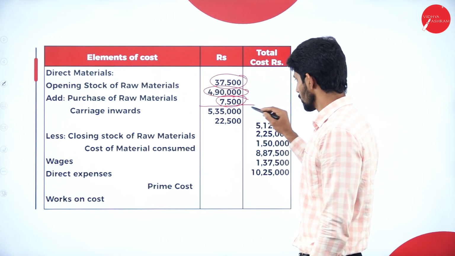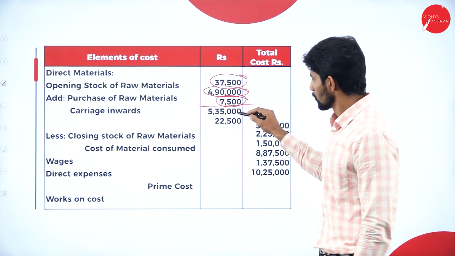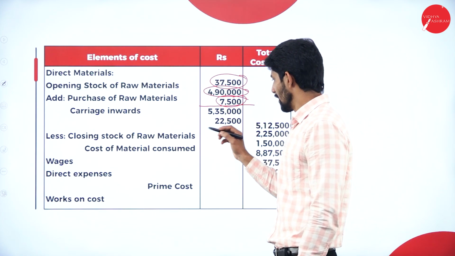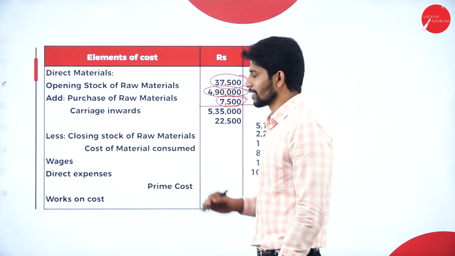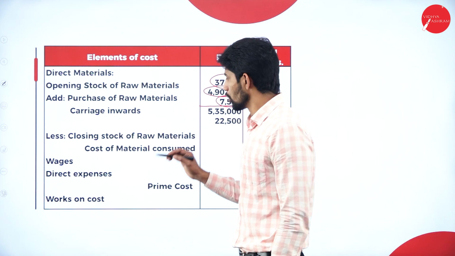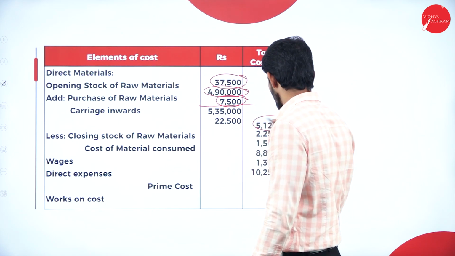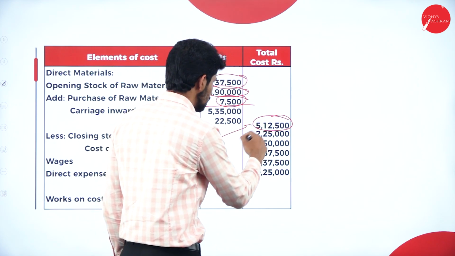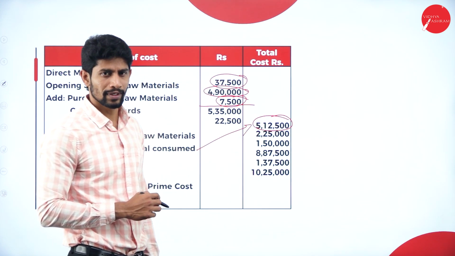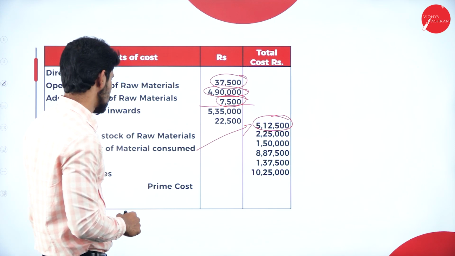Add these 3 items, you will get 5,35,000. So from 5,35,000 less closing stock of raw materials. If you deduct the closing stock of raw material, you are going to get 5,12,000. This 5,12,000 is called what? Materials consumed.